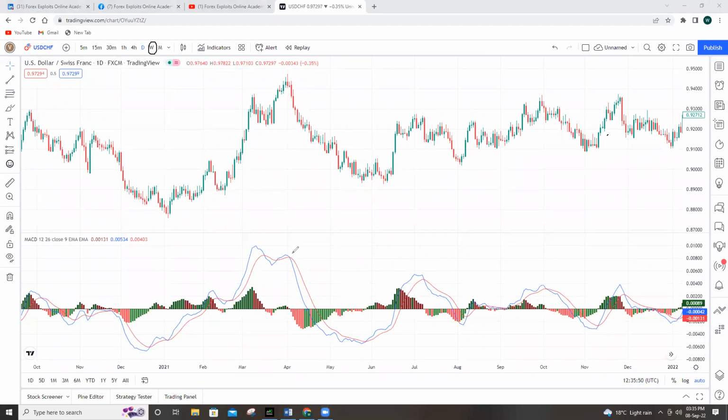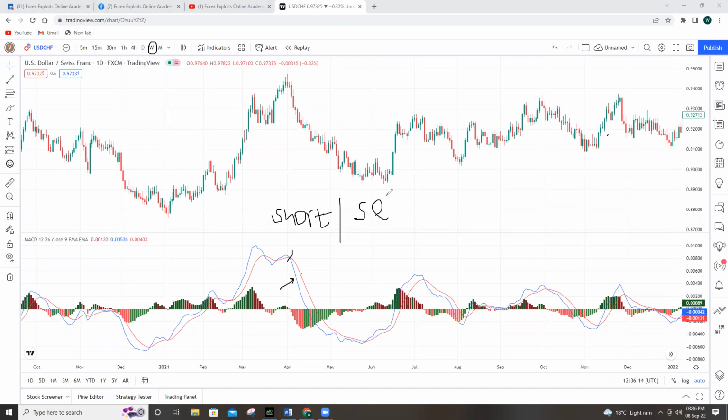Again, I'm on the daily. I'm going to identify that cross of my MACD. Now my MACD will be below while my signal line is above here. So that cross, while my MACD is below, means that I'll only be looking for shorts. Shorts basically mean the sell trade. So I'll only be a seller.